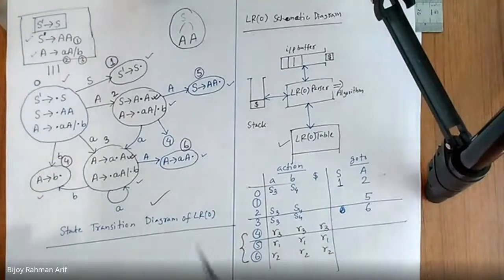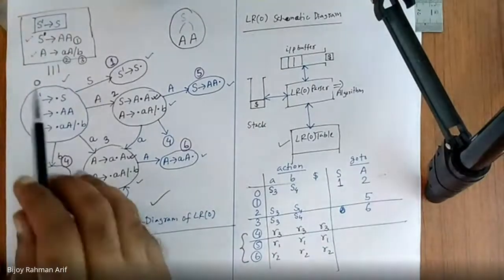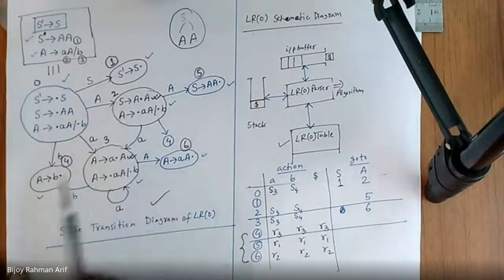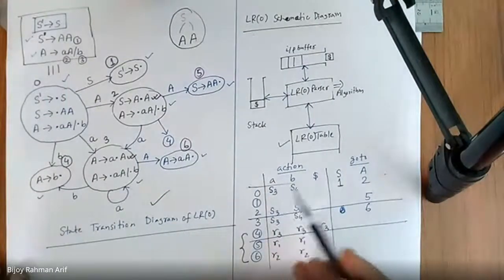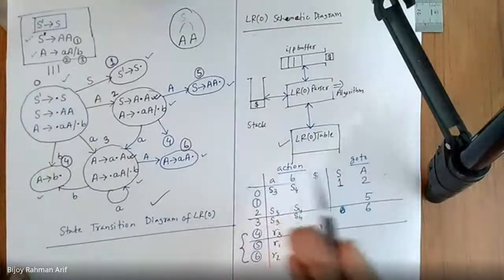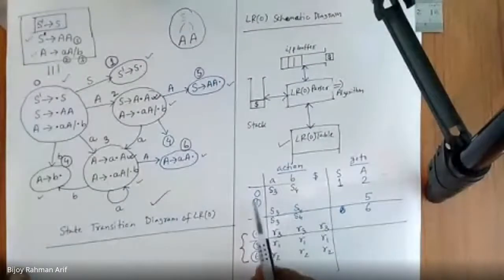So how many states are there? 0, 1, 2, 3, 4, 5, 6. So in the leftmost column, we write all the states 0, 1, 2, 3, 4, 5, 6.